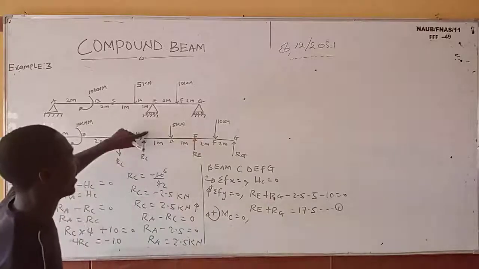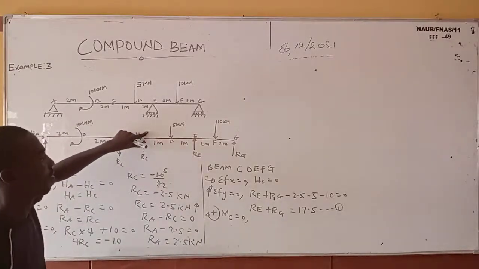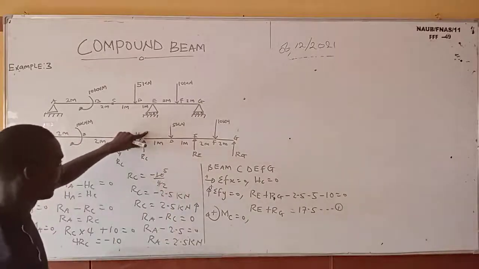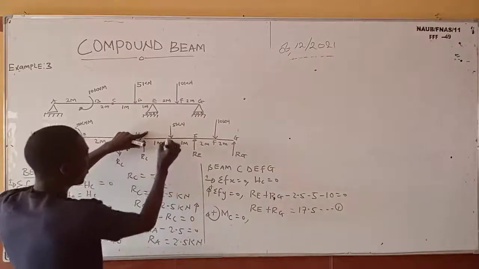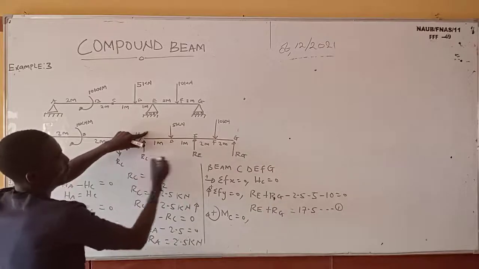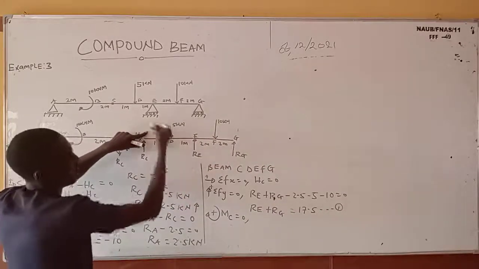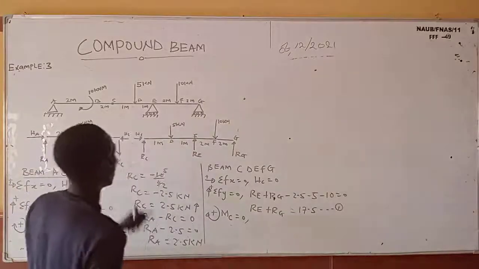So if I put my hand here, how many forces are we going to have? 1, 2, 3, 4. You get that? So now this one will give us a clockwise moment, anti-clockwise. So let's start with the clockwise first.